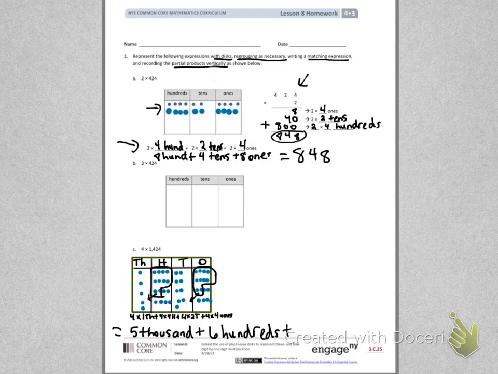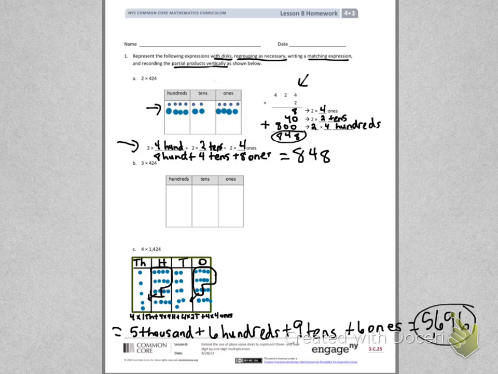Plus, how many tens do we have? We have 2, 4, 6, 8, 9 tens. Plus 6 ones. Altogether, that is going to equal 5,000, 6 hundreds, 9 tens, which we call 90, and 6.